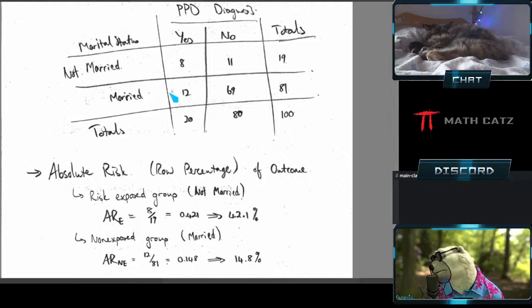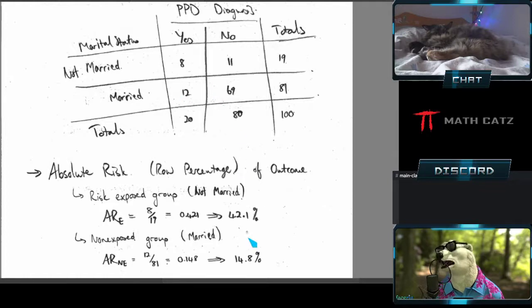But if I select someone from the not married group, from this 19, there's a 42% chance. Now, if I see the marital status sort of as a treatment, I can avoid postpartum depression by treating, quote unquote, the people and having them get married, statistically speaking.